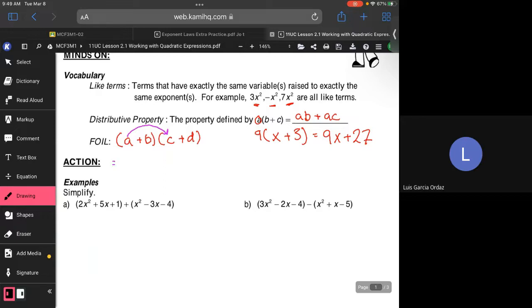So I'm going to get a times c plus a times d, the last term in the second bracket. Then I take my second term in the first bracket, multiply by the first term in the second bracket, which is bc, and then b times d. So that gives me plus bd.